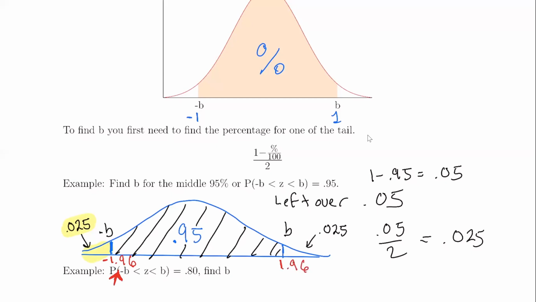So if I find the area from negative 1.96 all the way to positive 1.96, you should have 95% of the data set. So the area in between these two z-scores should be 95%. And that's it for that one. So for this one, we'll say b is equal to 1.96. Any question for that first problem?